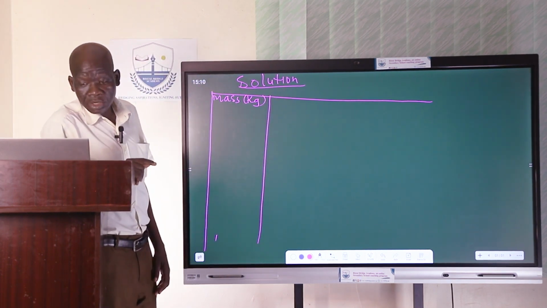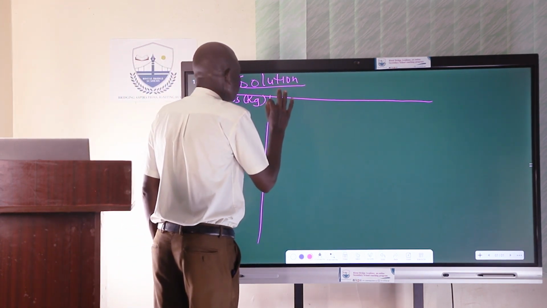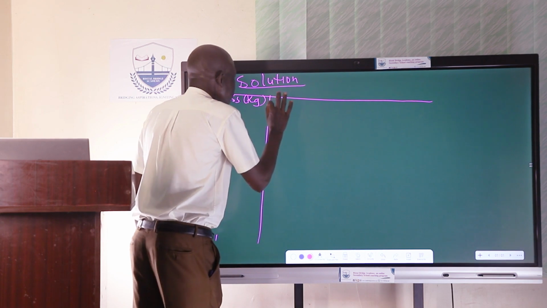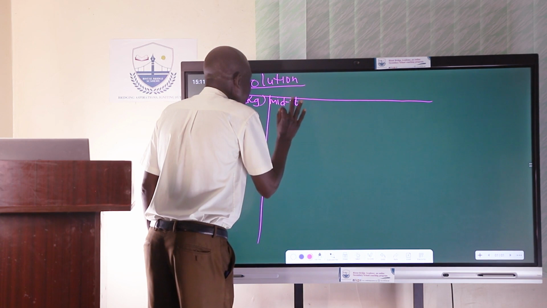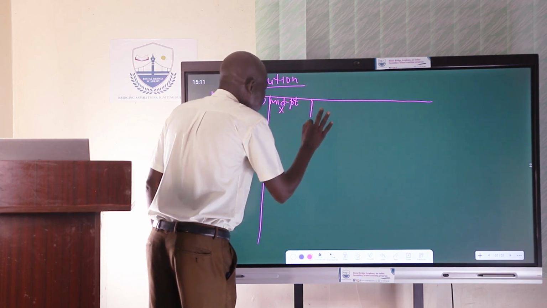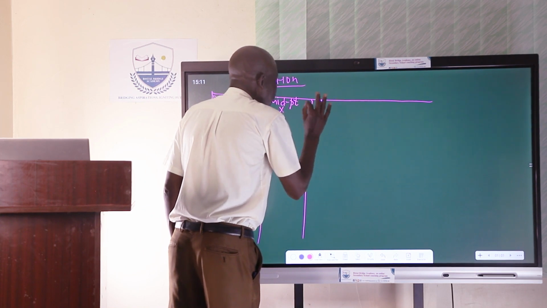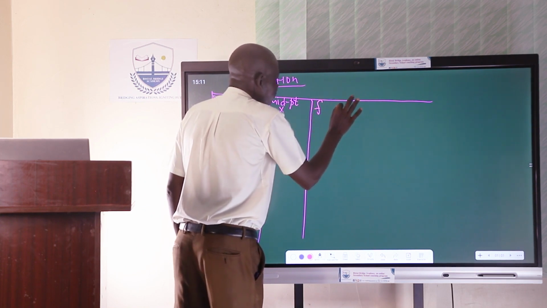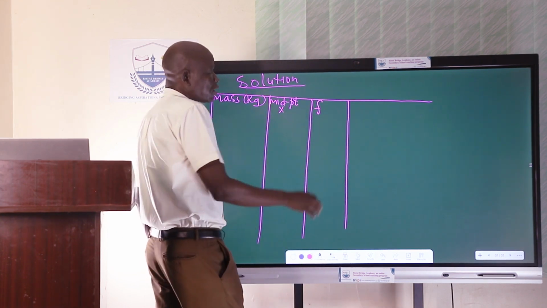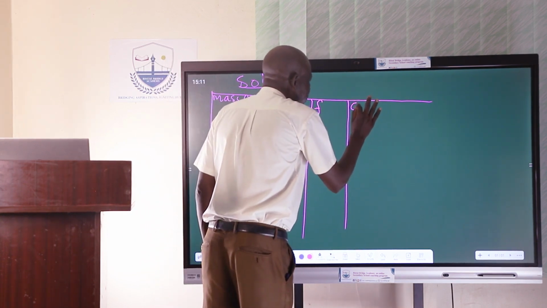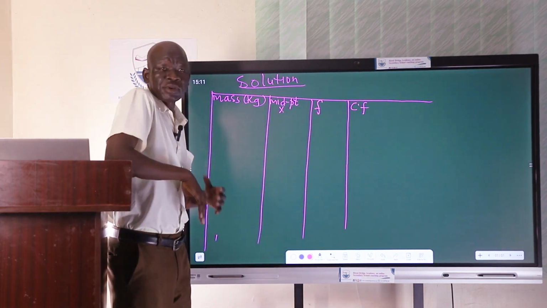Then we have the midpoint, represented by letter X. Then we have the frequency values represented by letter F. Then we have the cumulative frequency, represented by CF.